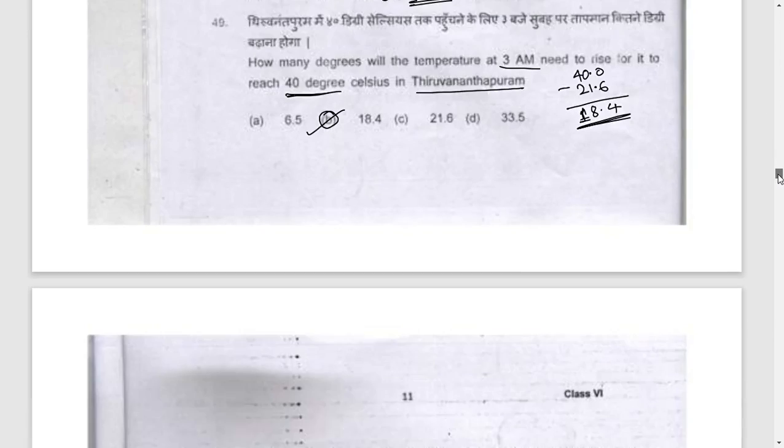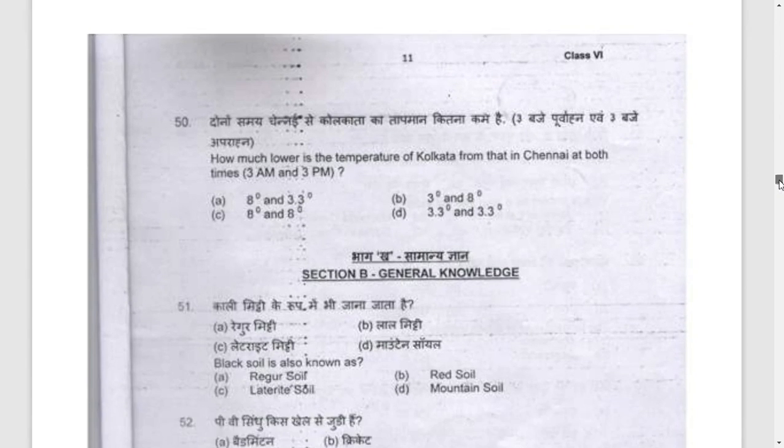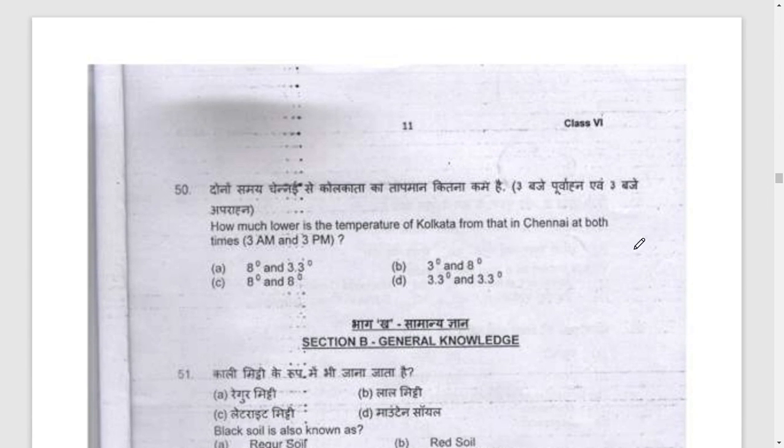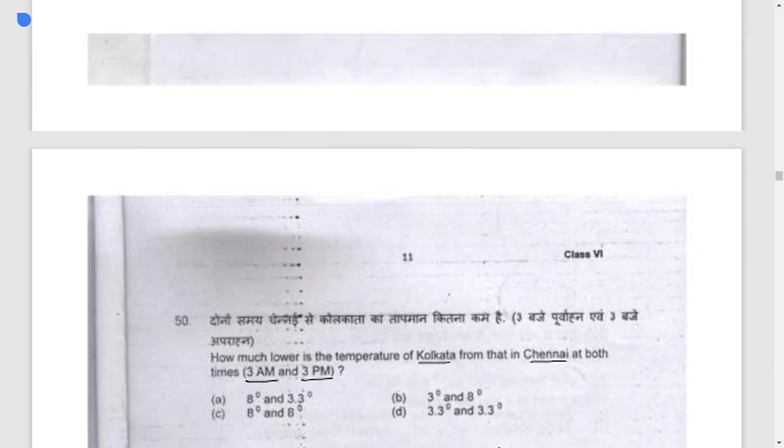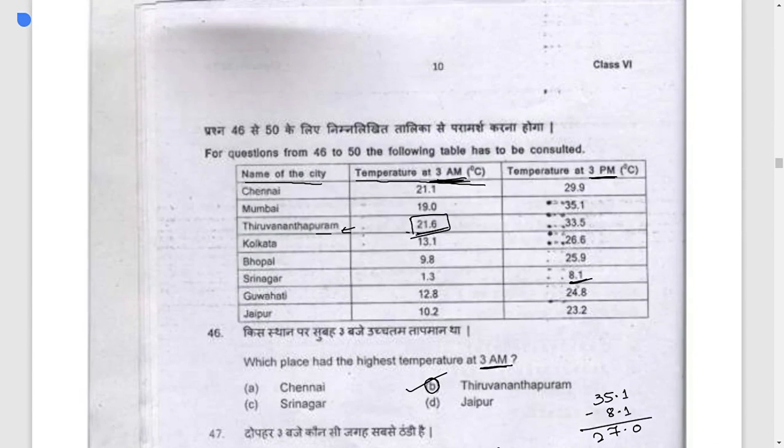Now see the last question. For this also you have to see the table. How much lower is the temperature of Kolkata from that in Chennai at both times, 3 a.m. and 3 p.m.? So you have to see the Kolkata and Chennai temperatures both at 3 a.m. and 3 p.m. Kolkata, this one, Chennai.